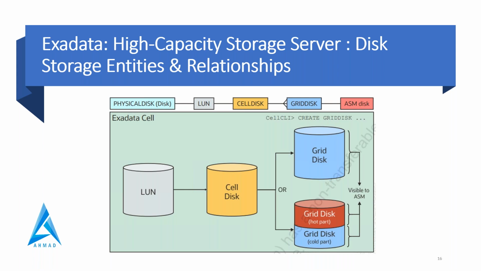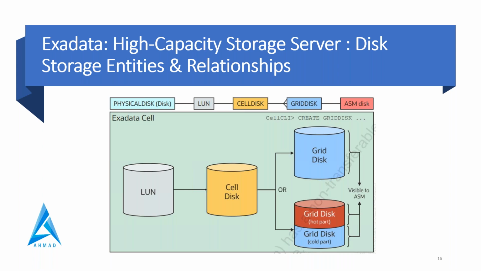Suppose a cell disk could be partitioned so that one grid disk resides on the highest performing portion of the disk, the outermost tracks on a hard disk drive, whereas a second grid disk could be configured on the lower performing portion of the disk, the inner tracks.